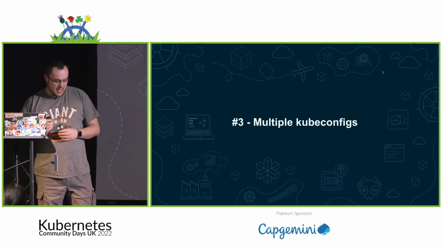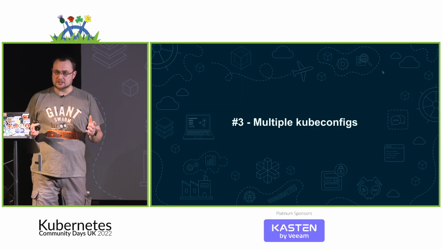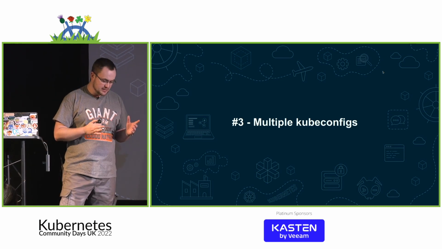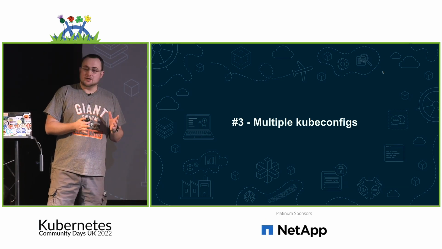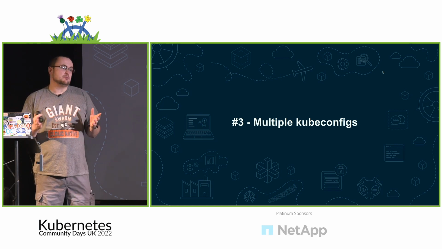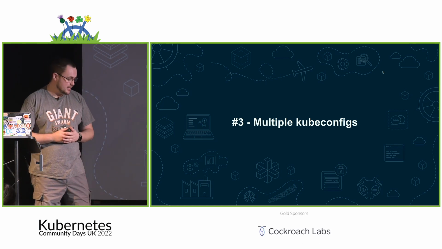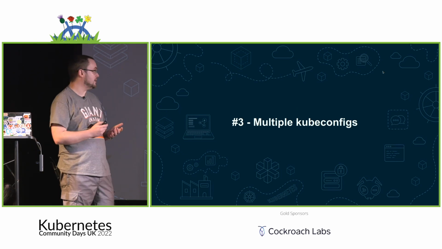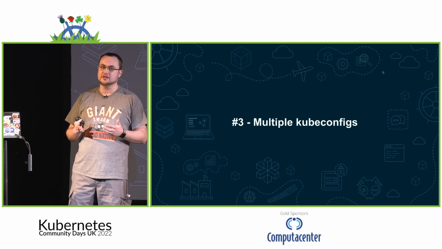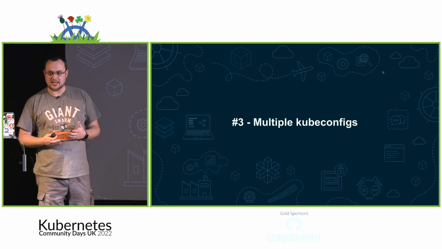Cool. So if you're working with many Kubernetes clusters, things get complicated very quickly. I know I've accidentally done something in production when I was meant to do it in dev because I was on the wrong Kubernetes cluster in my context. Yeah, it's not great, but these things happen, so we want to try and ease this problem as much as we can.